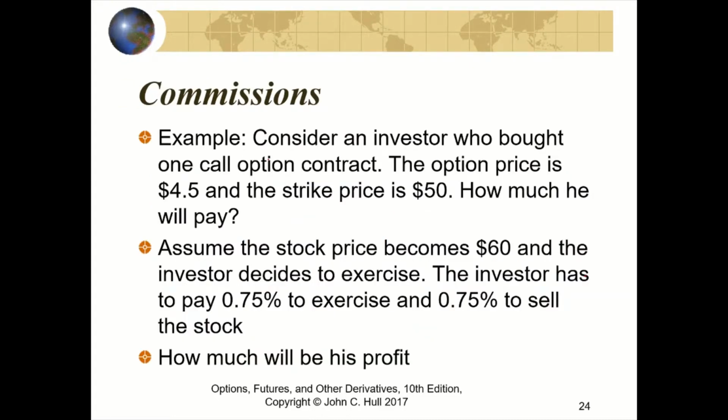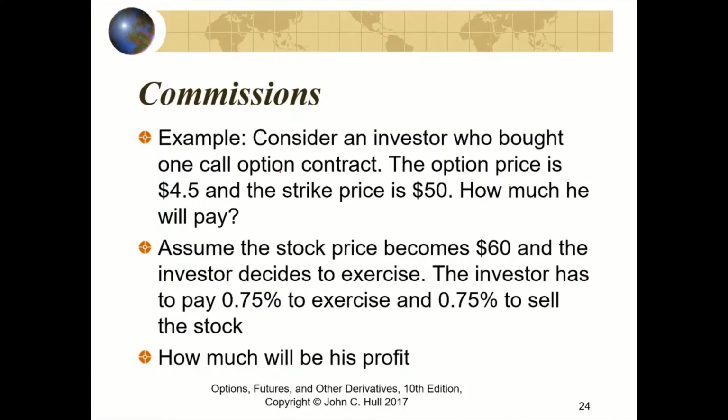Let's take an example here. Consider an investor who bought one call option contract. And remember, one call option contract is a bundle of 100 options, because exchange traded options are not traded arbitrarily. The exchange itself determines the size of the contract.